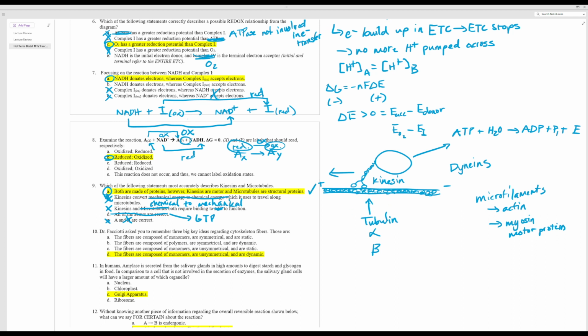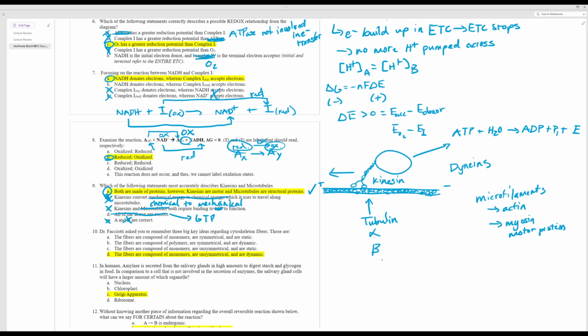Okay. And then you'll also, probably in your upper div classes at some point, learn more about tubulin and how the different sides correspond to what type of, well, not GTP.